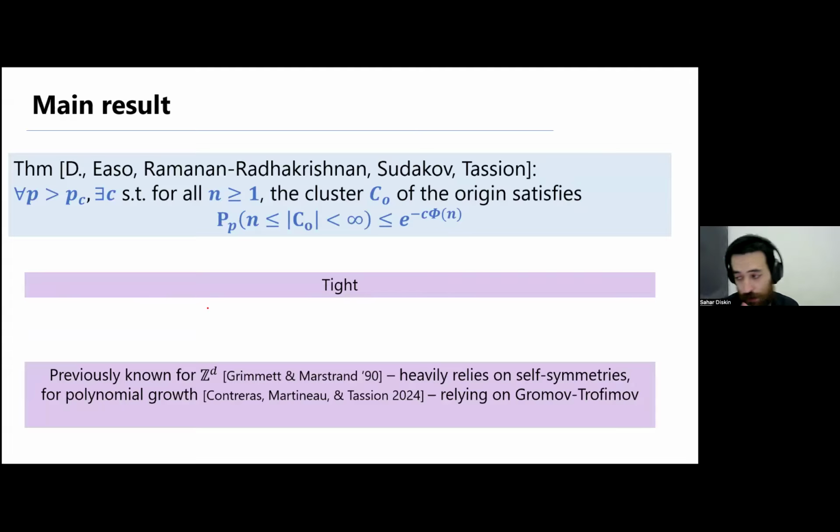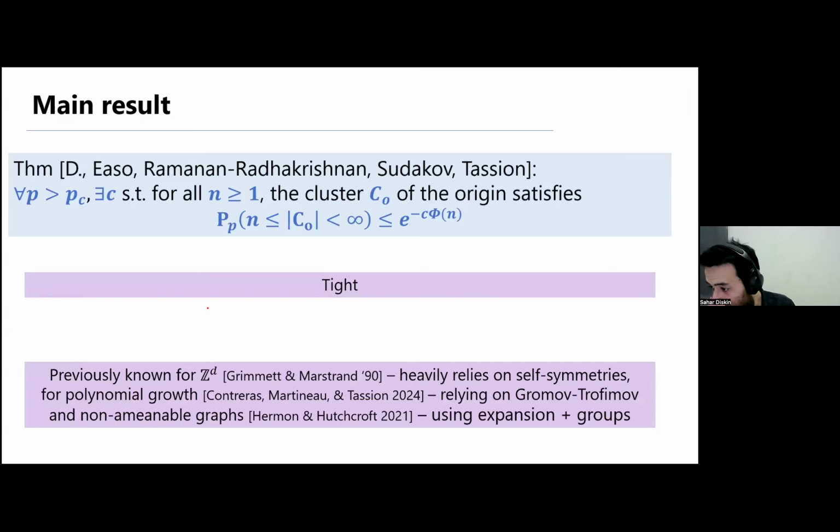To see the other side of this, you can look up the paper by Vincent Tassion, Franco Severo, and Philippe Easo, where they give a new proof that p_c is less than 1 for dimension bigger than 2.